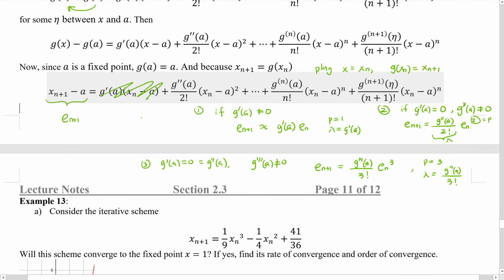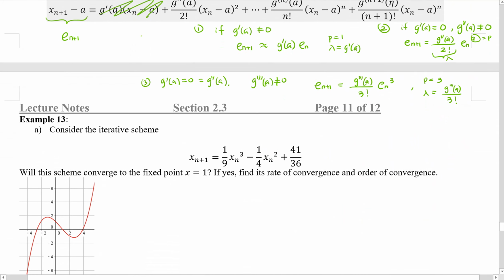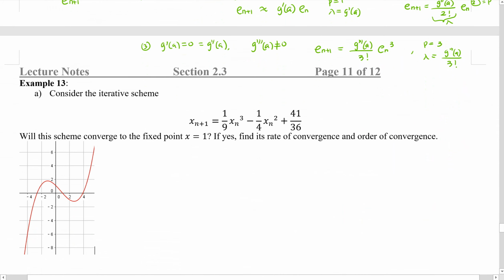Okay, let's continue. Let's look at this example. Consider the iterative scheme. Will this scheme converge to the fixed point x equals 1? If yes, find the rate of convergence and the order of convergence. So the iterative scheme is usually x equals g of x, right?